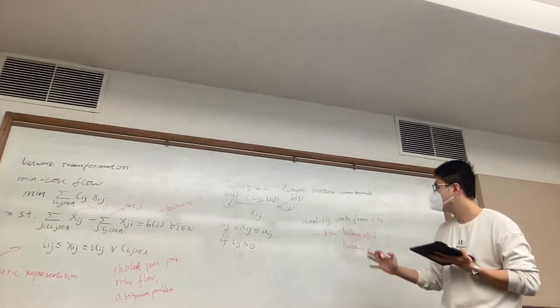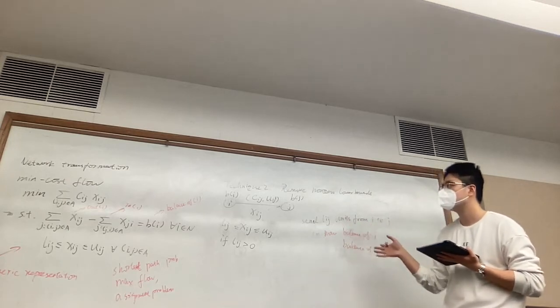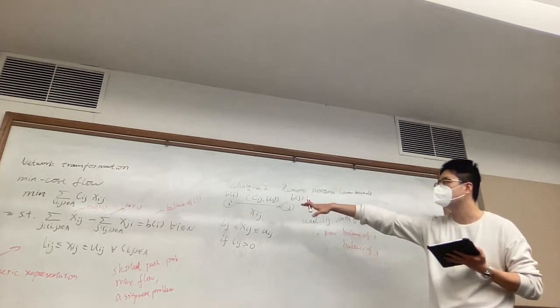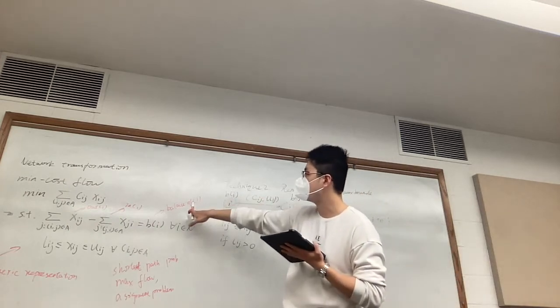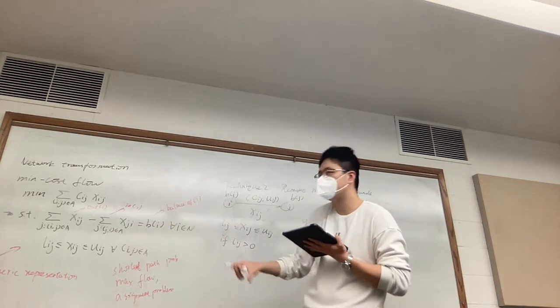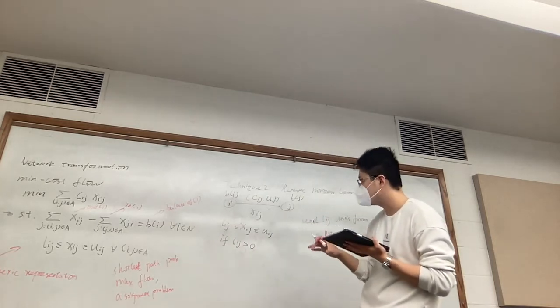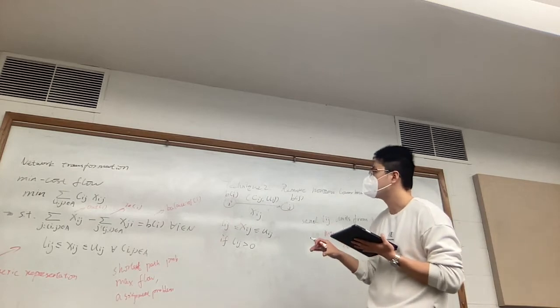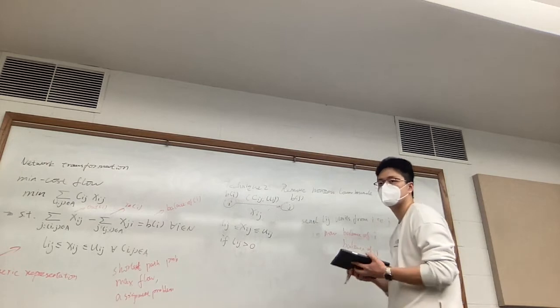I have already forced node I to send Lij units to J. Then what will happen to the balance of I? You should note that the balance of I equals the outflow of I minus the inflow of I. This is our formula. So I has already sent Lij units to J. Then how will the balance of I change?